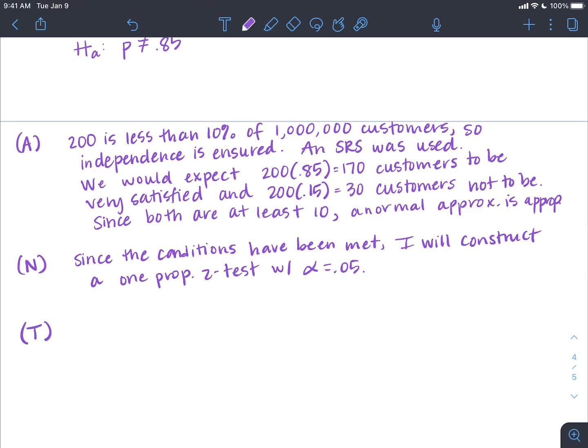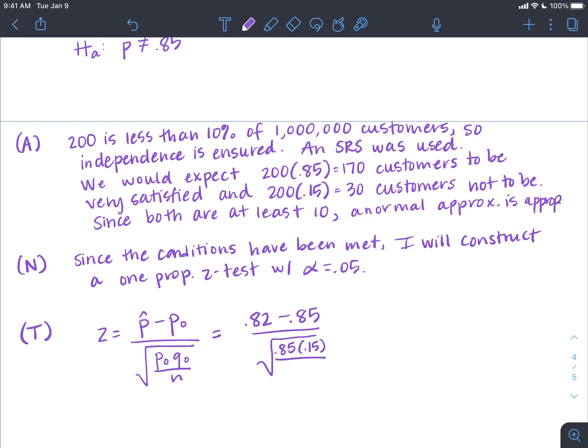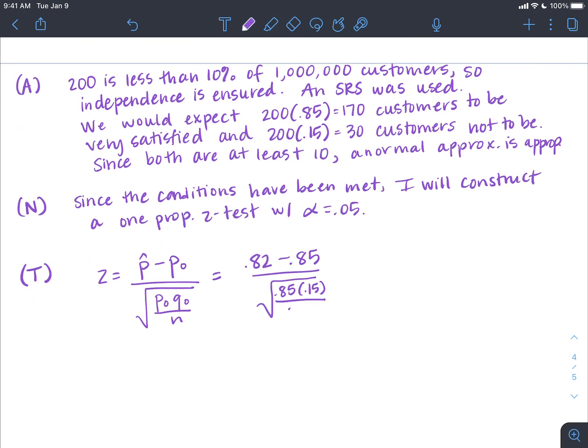Now it's time for our test statistic, which I can rewrite right quick for you. Okay. So here's the only time we really use that 0.82 that we calculated for p hat. 200 was our n.